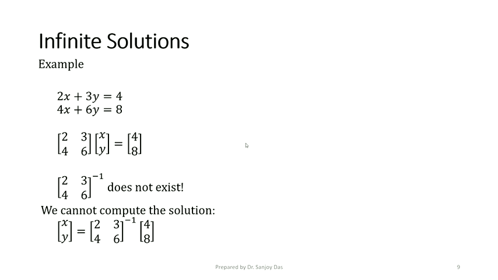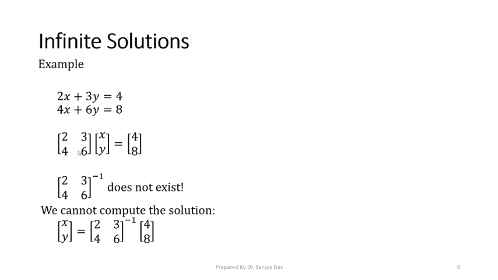Now let's look at this case. I just changed the right hand side. The left hand side of the second line is twice the first line, and this time the right hand side, I doubled it as well. So basically the whole equation, I just multiplied by 2 here.